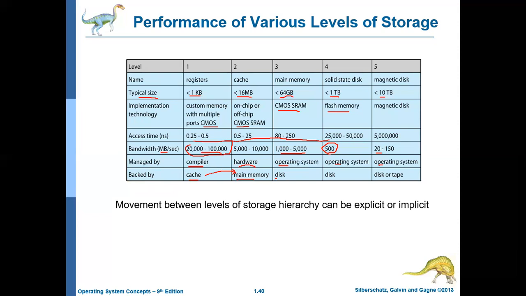Content of main memory will be cached in the disk, and that is any disk. If you have solid state disk, it will be backed up in the solid state disk, and the content of solid state disk will also be backed up in the magnetic disk or any other disk, and the content of magnetic disk will be backed up in the tape, or any other magnetic disk for that purpose.